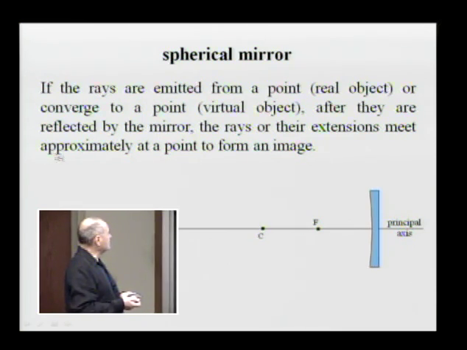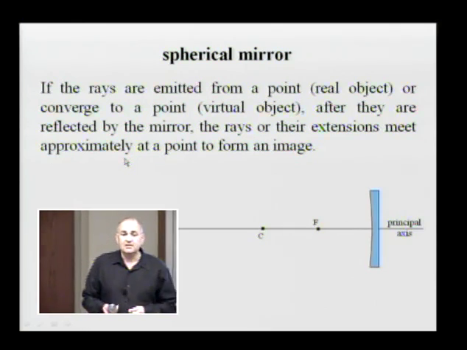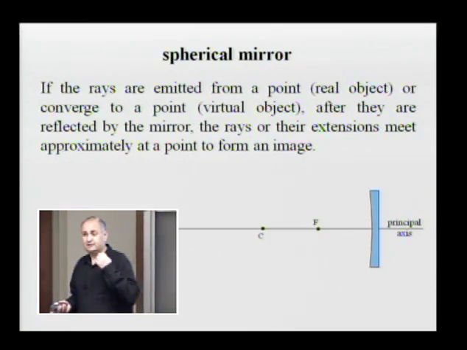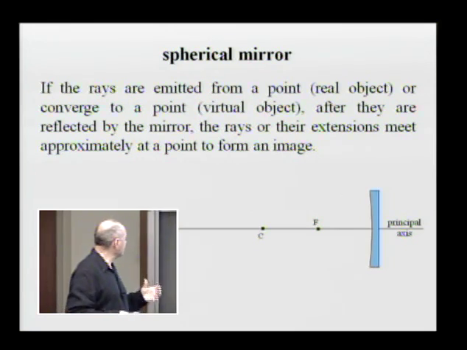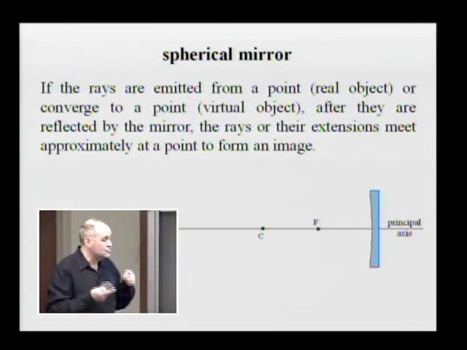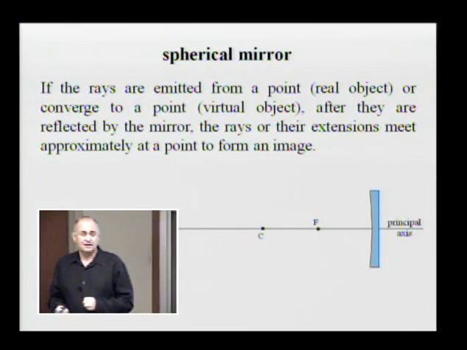The fact that they meet only approximately is the source of spherical aberration. The rays do not exactly meet at a point.